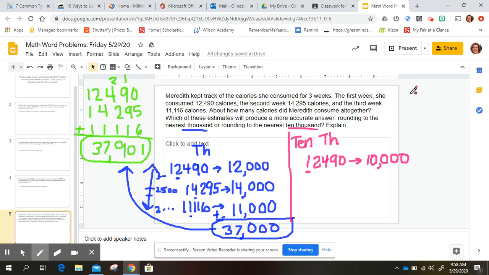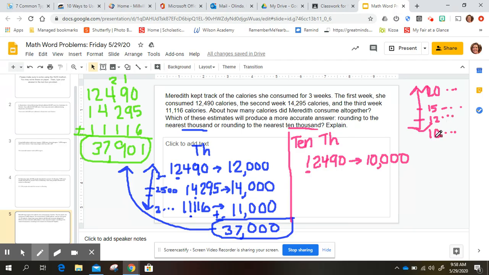If you can't remember on the number line, we did it like this. So 10,000 would be here, and there's my 3 zeros. 20,000 would be here, 3 zeros. In the middle is always 5, so that would be 15,000. So we take a look at our actual number, 12. 12 would be right around here, 12,000.